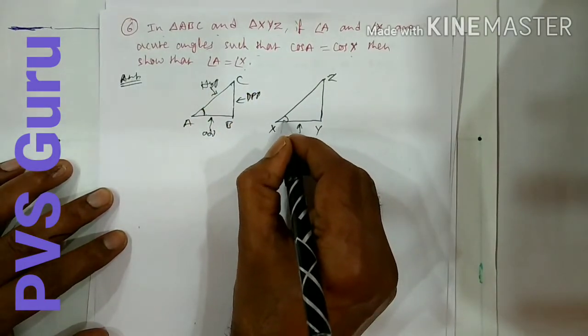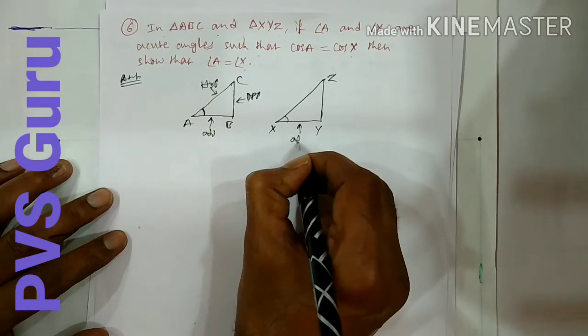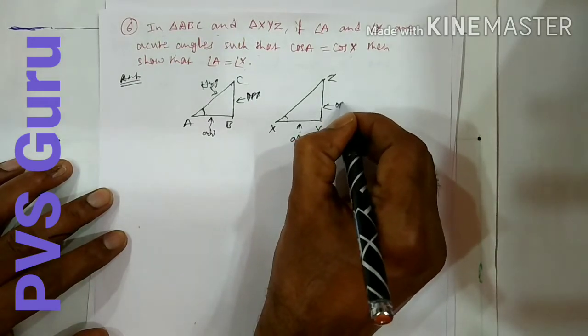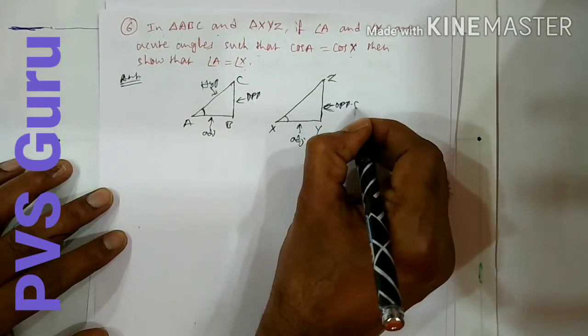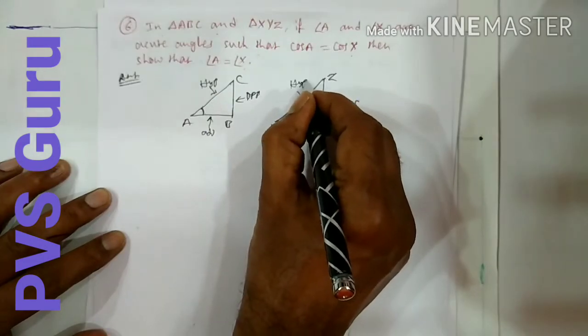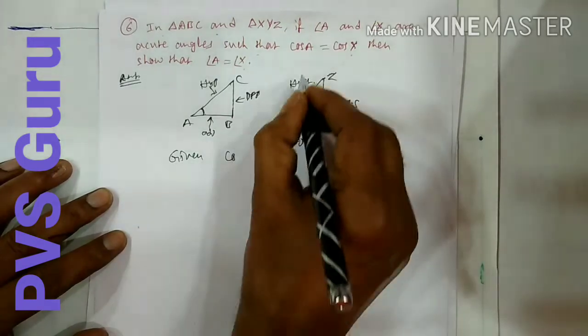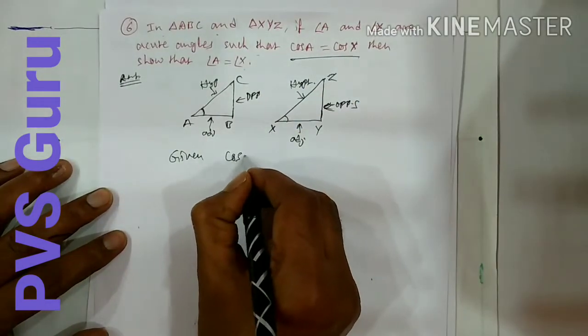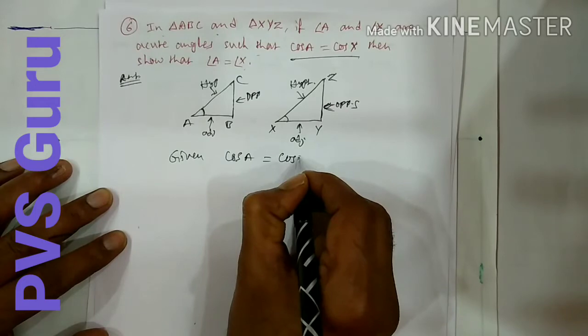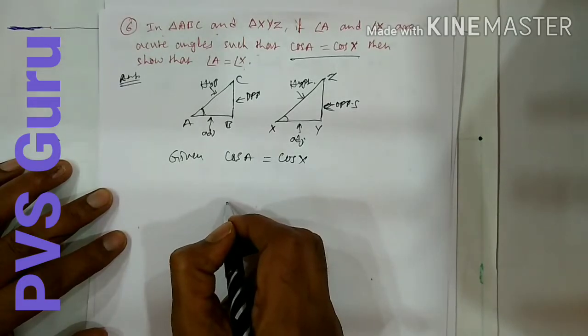Similarly for angle X, this is the adjacent side, this is the opposite side, this is the hypotenuse. Now given cos A is equal to cos X.